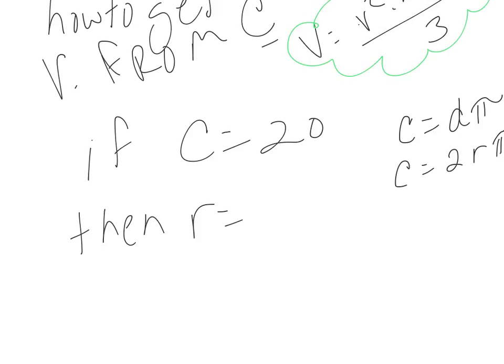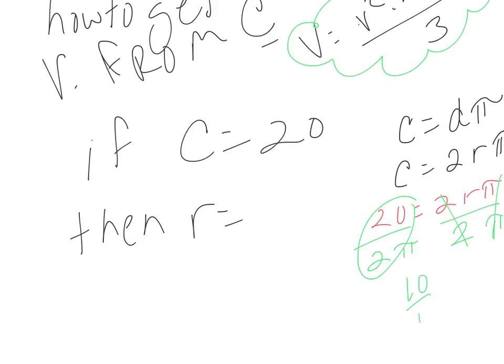So therefore you know 20, so you can plug in 20 right here. You put 20 equals 2r times pi, and then you can divide this by 2 pi, and that cancels that out, and divide it by this, and that becomes 10. So 10 divided by pi will be your radius for this one.